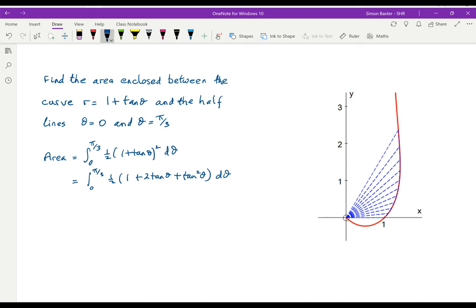D theta. That's the integral from 0 to pi by 3. A half of 2 tan theta is tan theta. And if we look at 1 plus tan squared, 1 plus tan squared is sec squared. So that's plus a half sec squared theta.